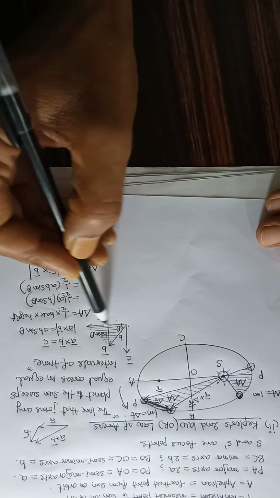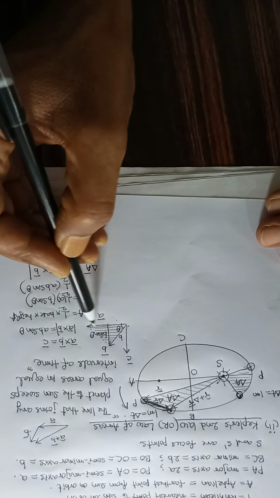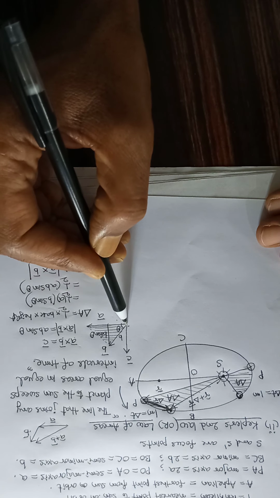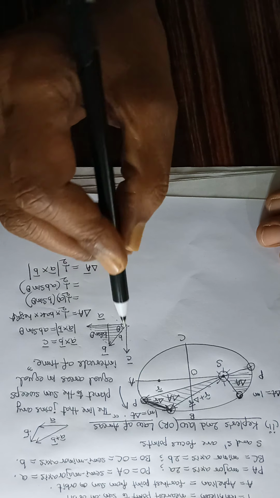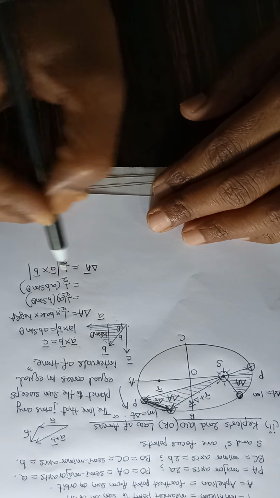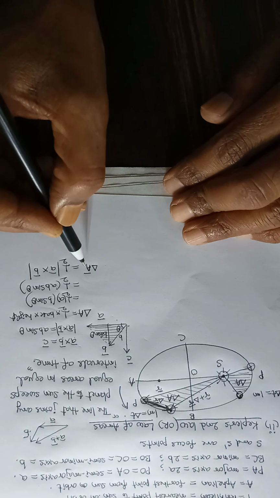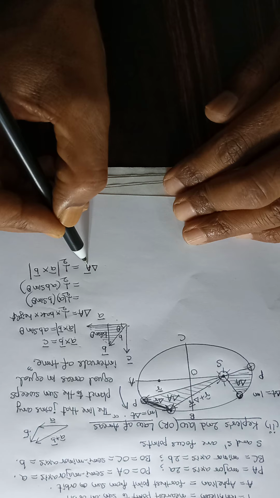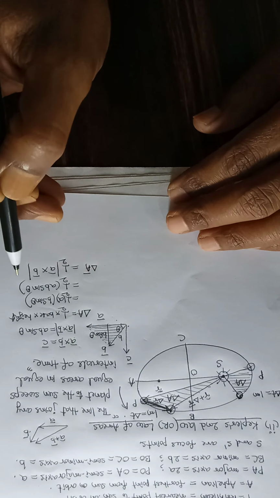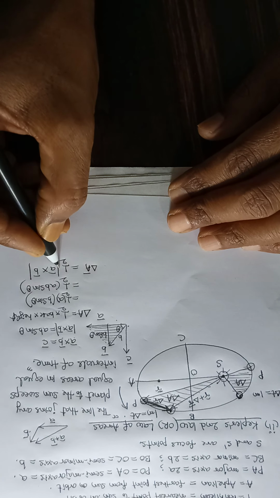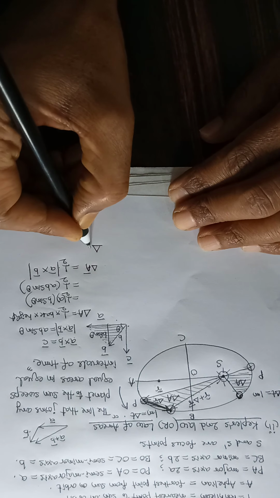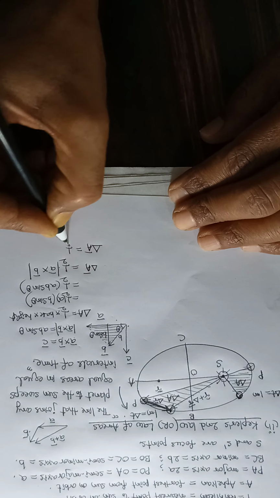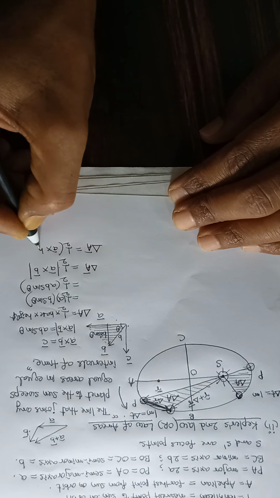See, this is the small area, and this is the perpendicular direction. You remember, only small elemental area can be considered as a vector, not the total surface area of the ellipse. So now you need not put mod like this. You can write directly A cross B.